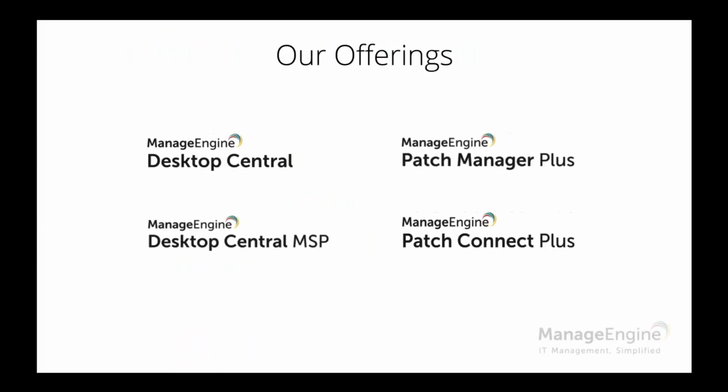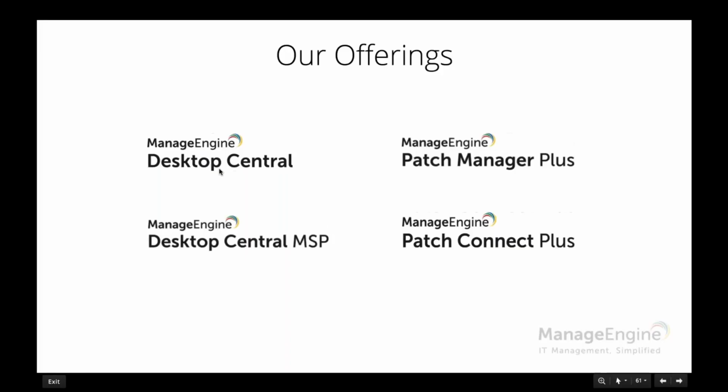ManageEngine has a total of 4 offerings: ManageEngine's Desktop Central, ManageEngine's Patch Manager Plus, ManageEngine's Desktop Central MSP for managed service providers, and ManageEngine Patch Connect Plus. This ManageEngine Patch Connect Plus acts as the add-on for SCCM. For those who are using SCCM in your environment, ManageEngine's Patch Manager Plus is an exclusive automated patch deployment software which offers automated patch deployment with granular control.